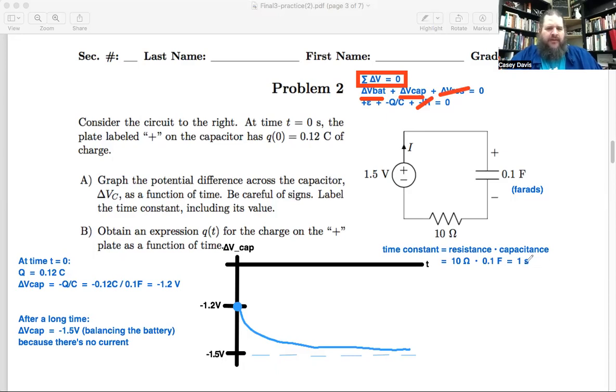Specifically though, the negative 1.2 volts isn't what's decaying. What's decaying is the difference between the value and the asymptote. So if we take a look at how different the value is from the asymptote, for instance, at the beginning, how far is the value from the asymptote? What's that difference at the beginning?